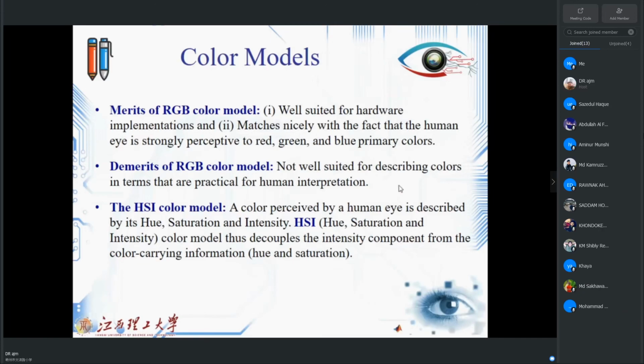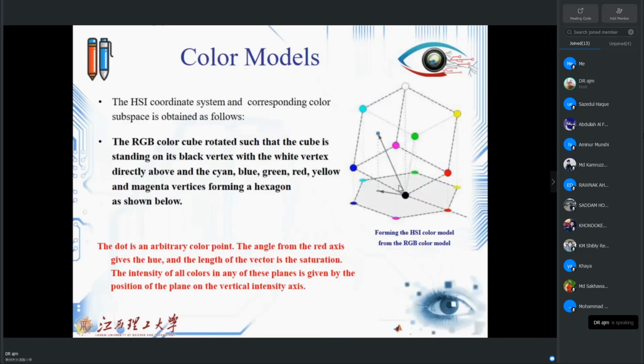Let us see this HSI color model, whose coordinates and corresponding colors are shown in this figure. The RGB color cube is rotated such that the cube is standing on its black vertex, with the white vertex directly above, and the cyan, blue, green, red, yellow, and magenta vertices forming the hexagon, as we will show here.